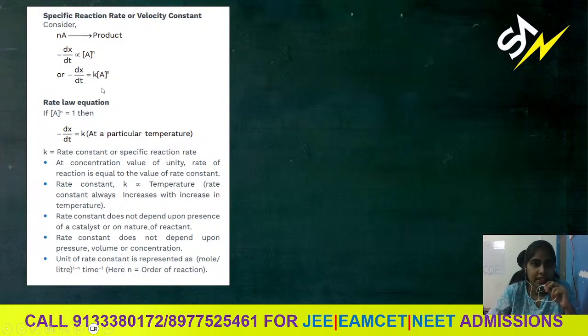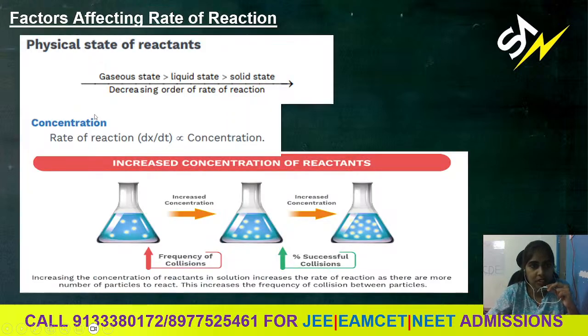From this we derive the rate law equation, that is, change in concentration by change in time is equal to K times concentration to the power n. This is the rate equation, from which we derive the rate law equation. Here K is known as the rate constant.